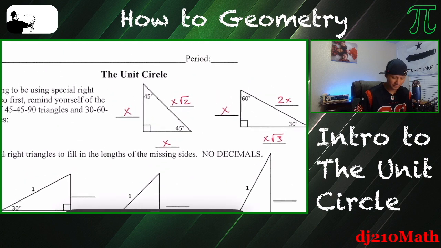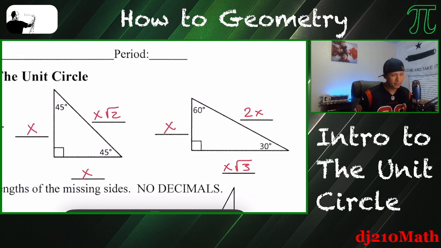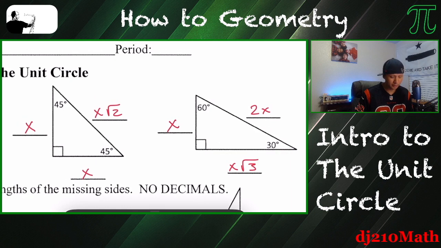Likewise, if I know the long leg, then it's going to be the long leg divided by root 3 to get to the short leg. So these are the two rules that we learned. If you don't know what I'm talking about, there's definitely a How to Geometry video on the special right triangles. You can look that up. But these are the two cases, right?